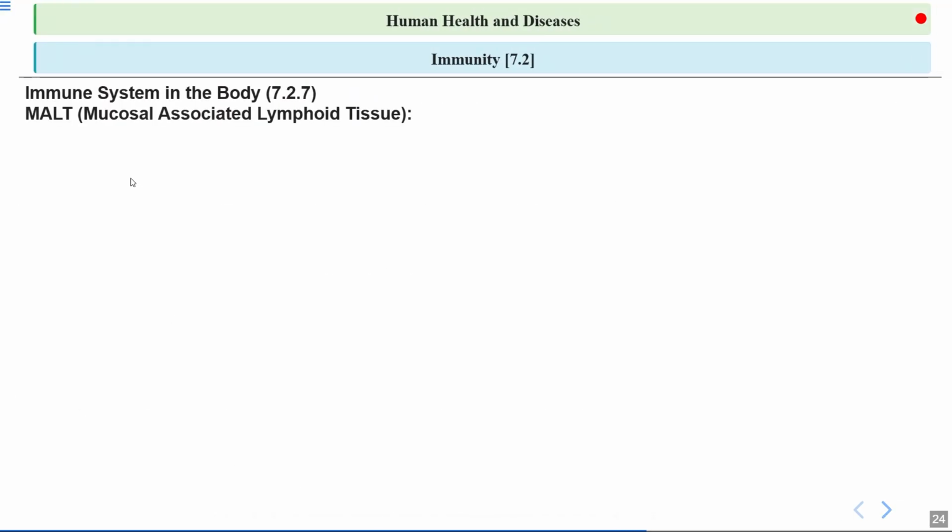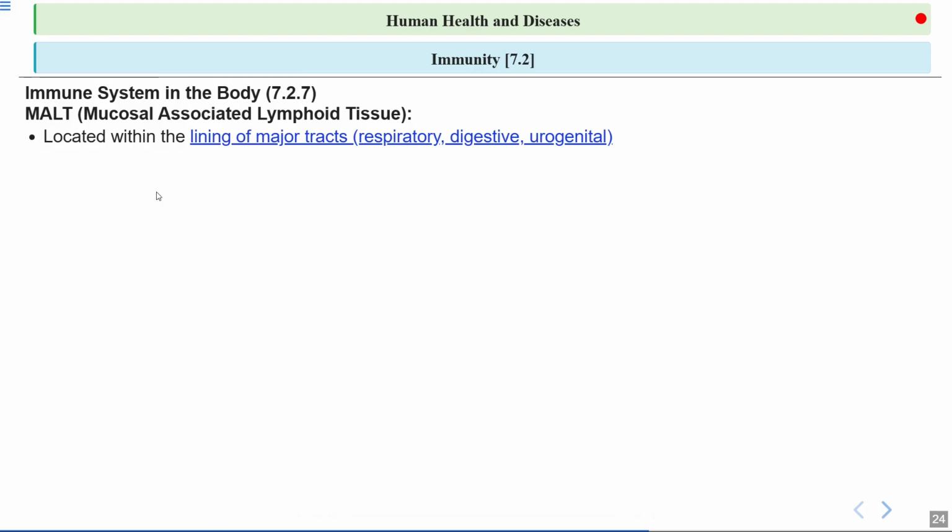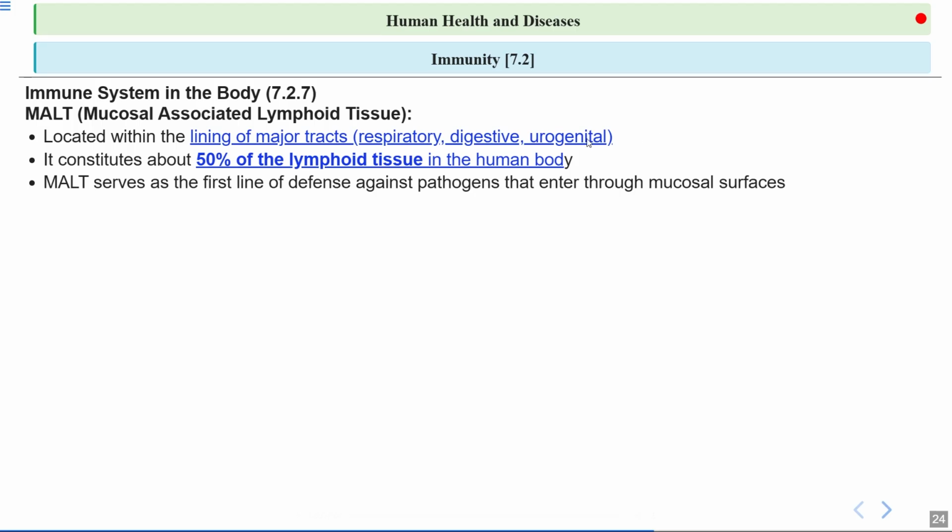Let's talk about MALT, mucosal associated lymphoid tissue. MALT is located within the lining of major tracts, including the respiratory, digestive, and urogenital tracts. MALT makes up to 50% of all the lymphoid tissue in the human body. MALT acts as the first line of defense against pathogens that enter through mucosal surfaces.